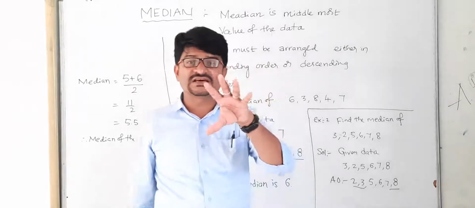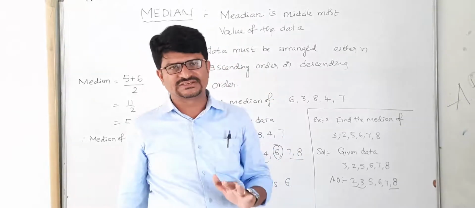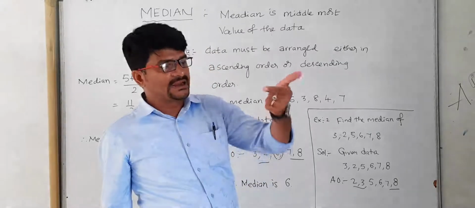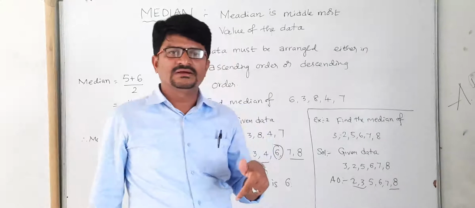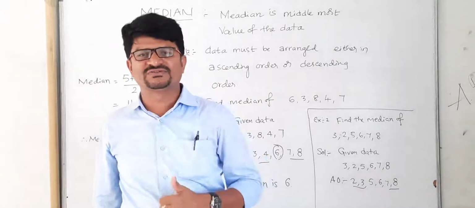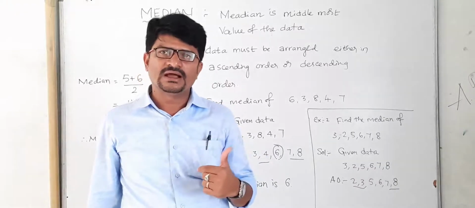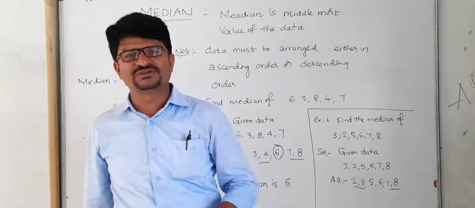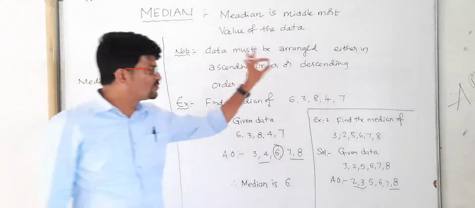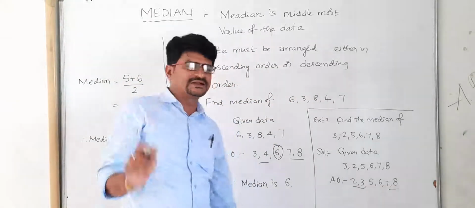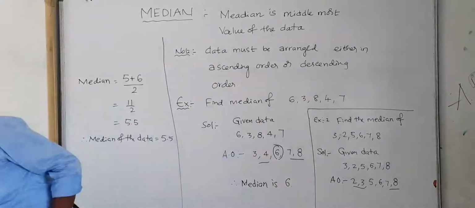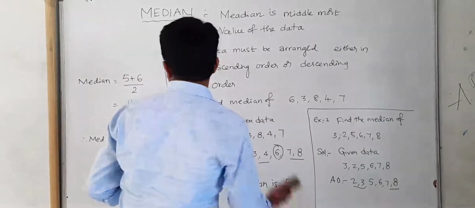When the number of observations is even, then the median is the average of the n by 2th and the n by 2 plus 1th observations. Is it clear? Now I will write those 2 points on the board. Everybody can write it. I think most of you have written this now. Now I am giving those 2 important note points.